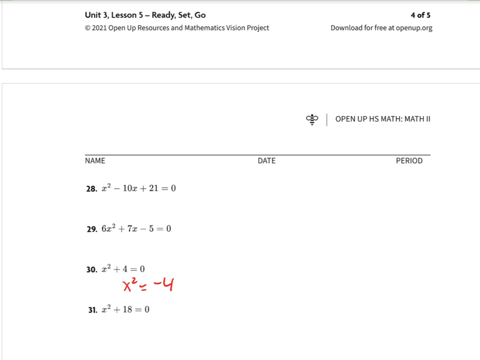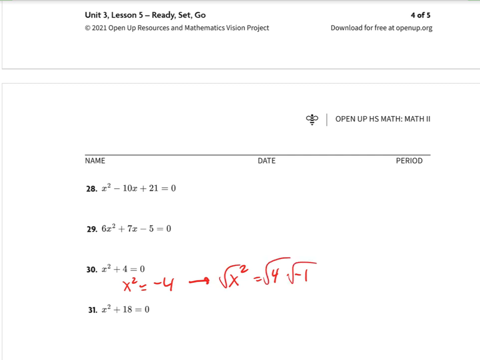However, what we can do instead is we could say, okay, x squared equals 4 times -1, and we take the square root of both of these.